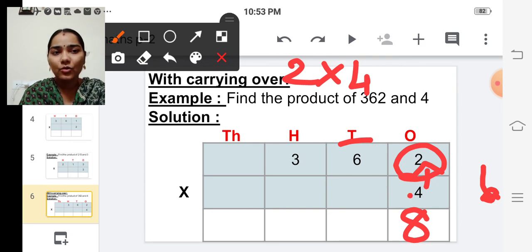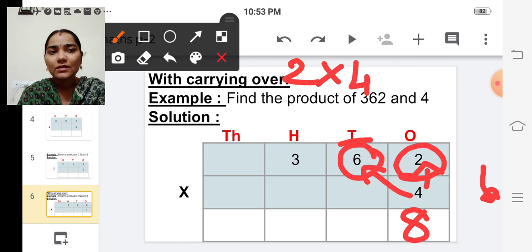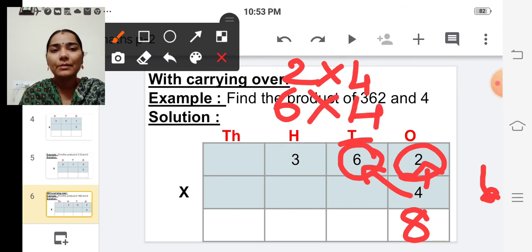The next step, we have to multiply the digit in the 10's place by 4. What is the digit in the 10's place? It is 6, isn't it? So, 6 into 4. 6 4s are 24.